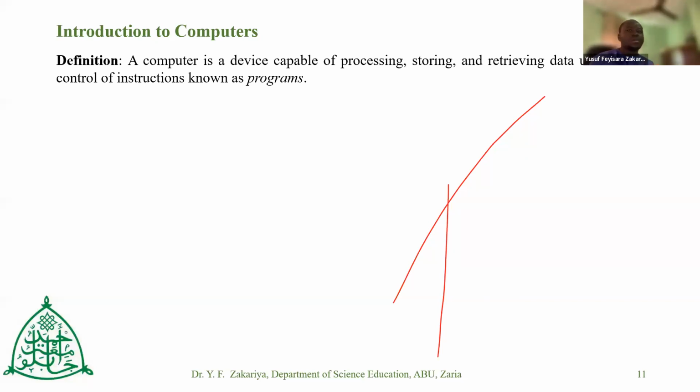These are important keywords that you should take note. Processing, storing, and retrieving. Whenever you're given a definition of computer in exam or test, at least these keywords should be there. A computer is a device capable of processing, storing, and retrieving what? Data. And then when it processes the data, stores the data, and you want to retrieve the data, you get information. So data that has been processed is what we call information.